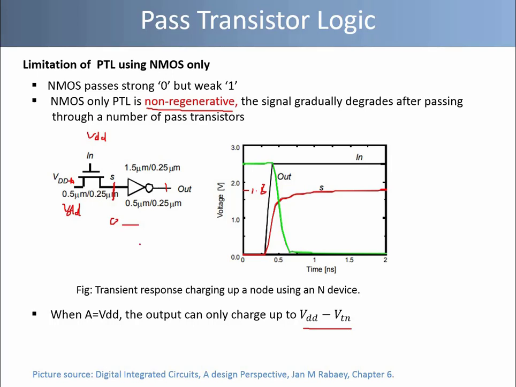It means that the signal levels gradually degrade after passing through each stage of pass transistor. So as a result of this, pass transistor gates cannot be cascaded by connecting the output of a pass gate to the input of another pass transistor, because each successive transistor reduces the voltage level.